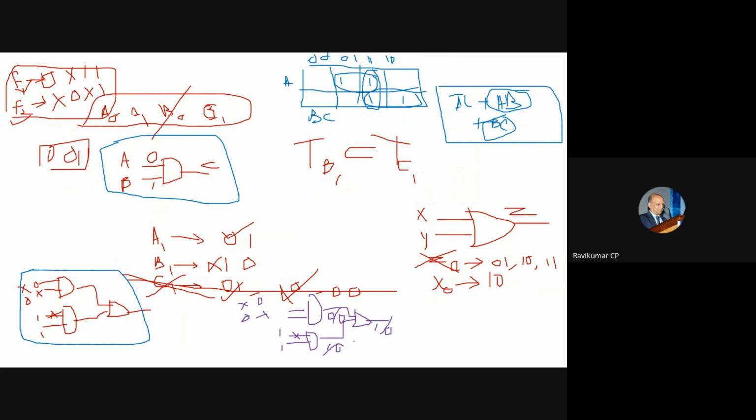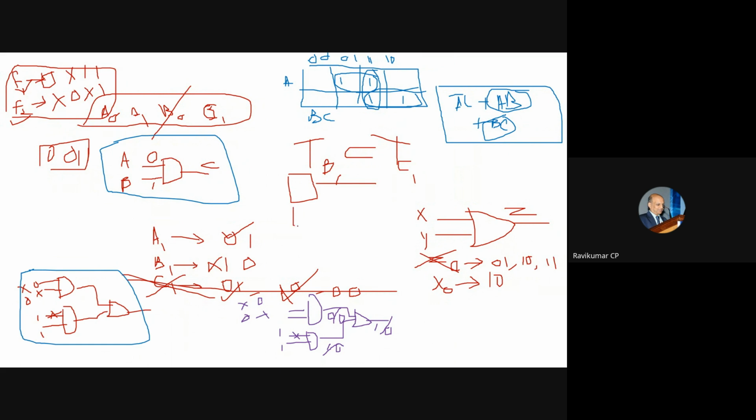So you add, suppose I want to be absolutely sure that there is no problem, right? Suppose this is my logic, some logic that I want to compute, and I'm worried that if it develops a fault over a period of time, there is a problem.